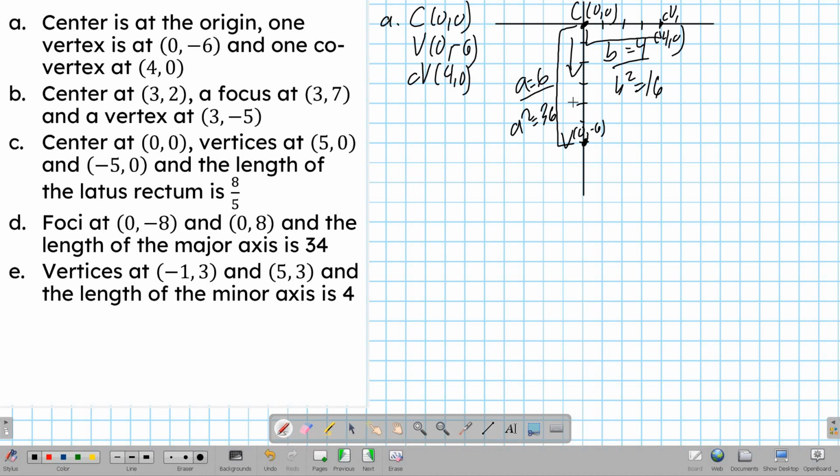That means this alignment should be vertical. Hence, A squared should be below y squared. Since the center is 0, 0, we can write this as x squared over 16 plus y squared over 36 equals 1.